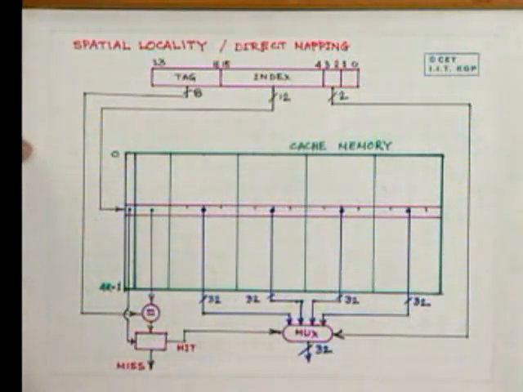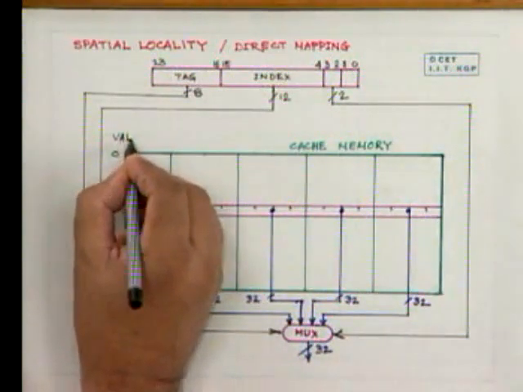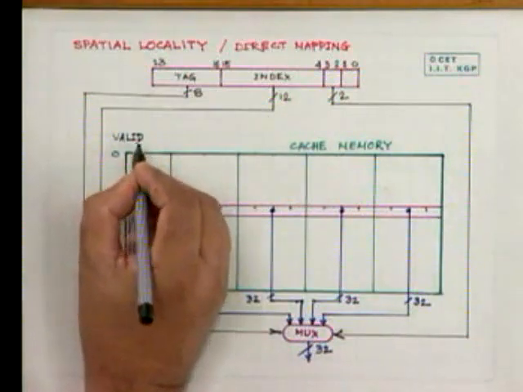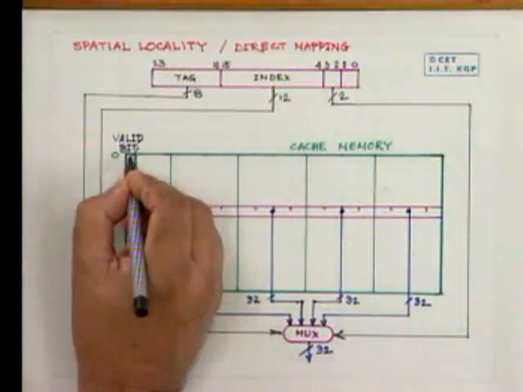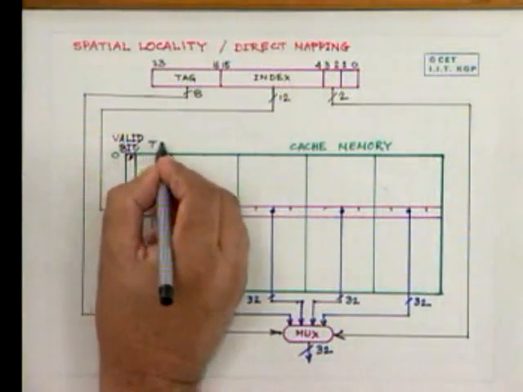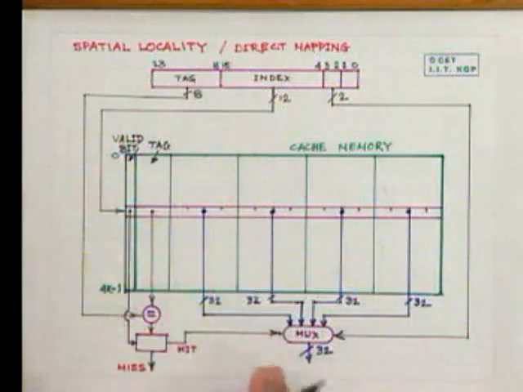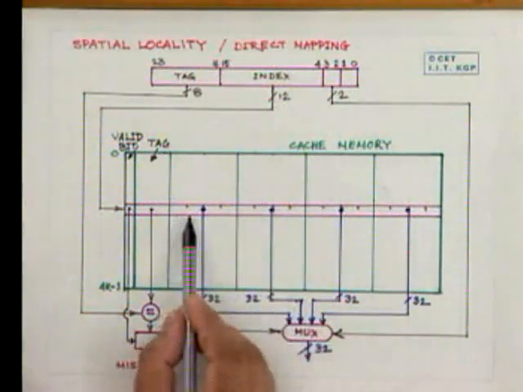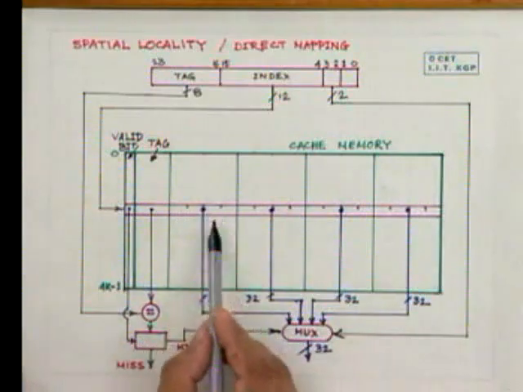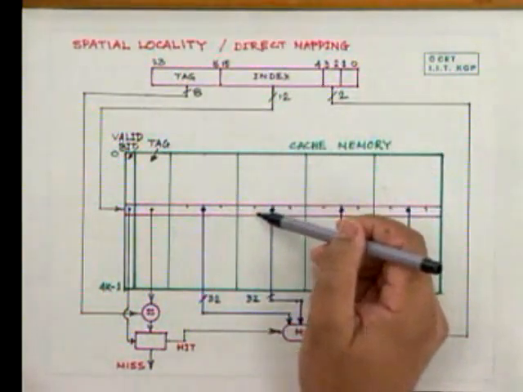Let us mark it. This is our valid bit, this is the tag, and these are the contents of the 4 consecutive blocks that are simultaneously fetched and kept here.